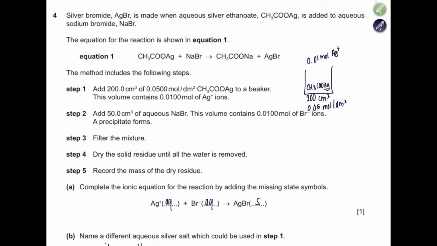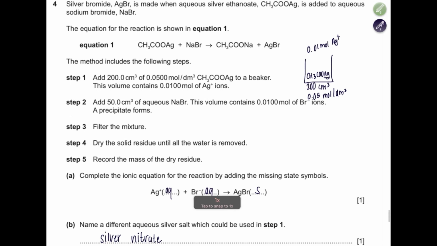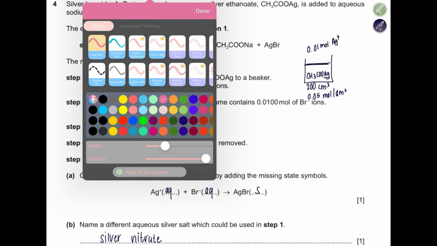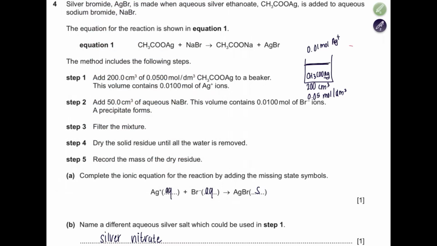Like there is silver, right? This is the amount of moles in this volume. Okay, in this beaker we are adding 50 centimeter cube of aqueous sodium bromide, and this volume has 0.01 mole of Br minus ions.